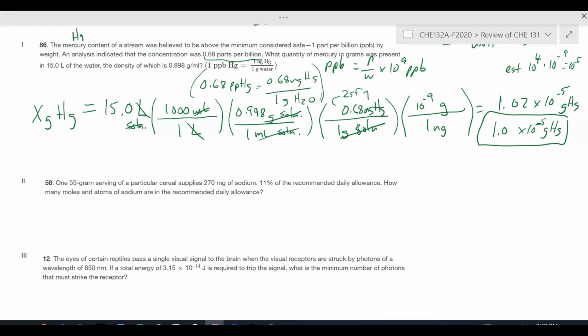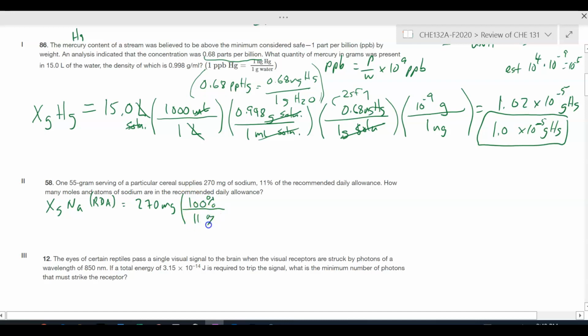So the first thing we got to do is figure out how many grams of sodium are in that recommended daily allowance, right? And so we know that 270 milligrams is 11%. So how do we write that? Well, 100% on the top here and 11% on the bottom.